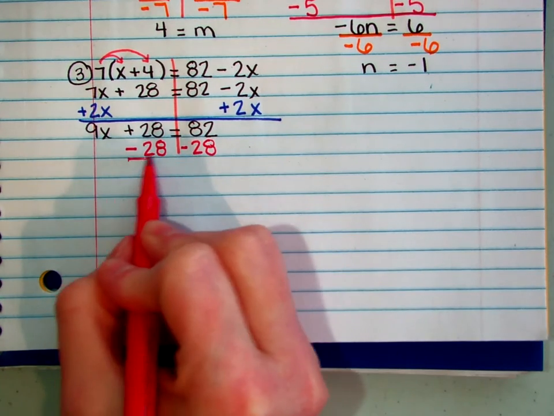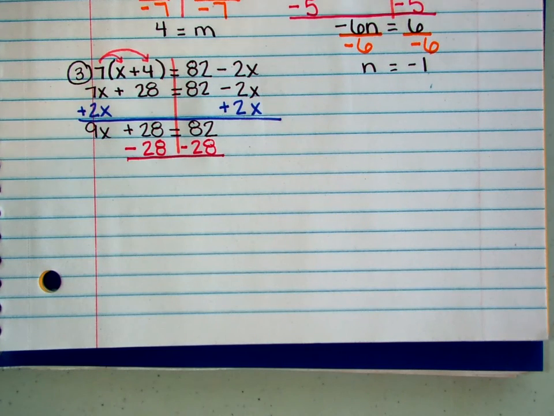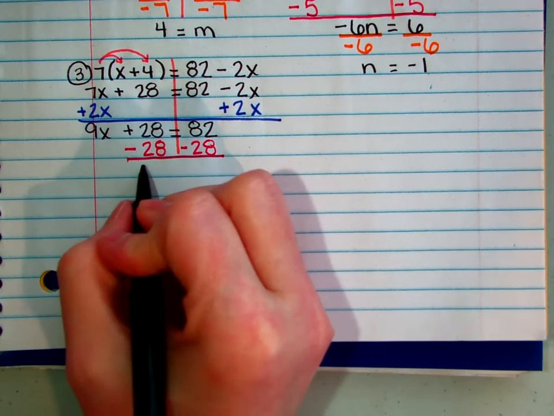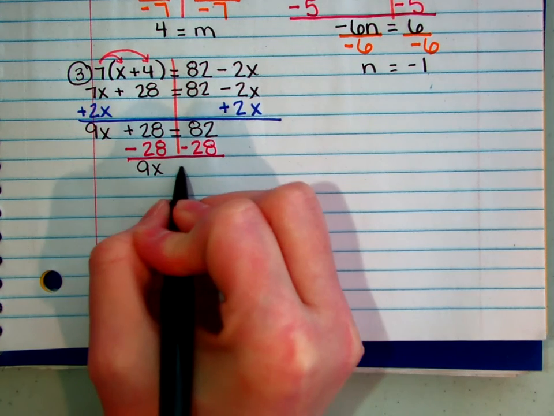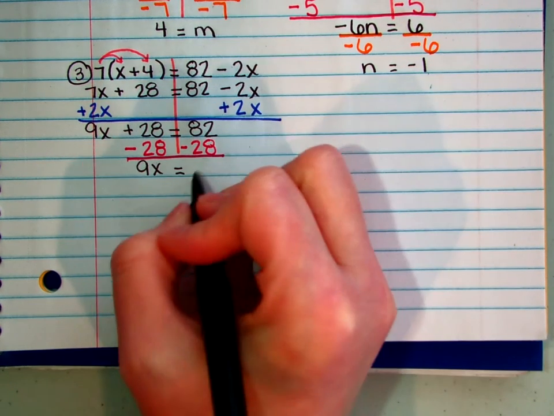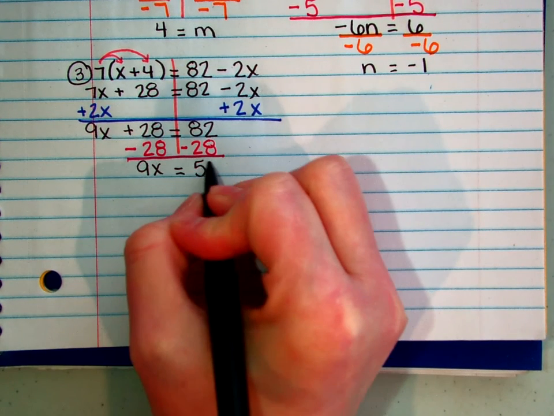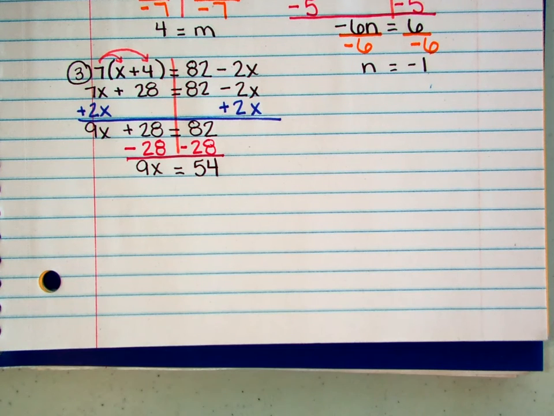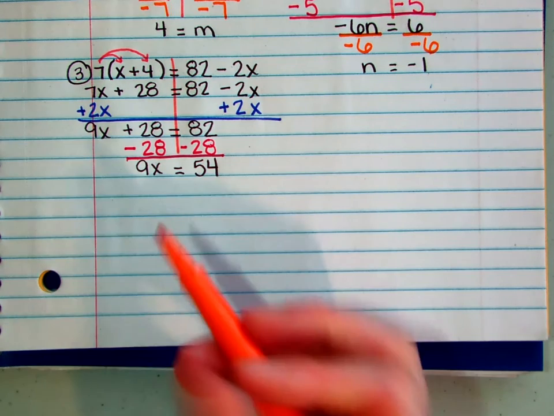Look at the numbers, they're just reversed order. Just totally noticed that. Now, on the left, I'm left with 9x equals, the difference of these two numbers is 54. And now I'm on step 3, which tells me that I need to eliminate my coefficient, which is 9 in this case.